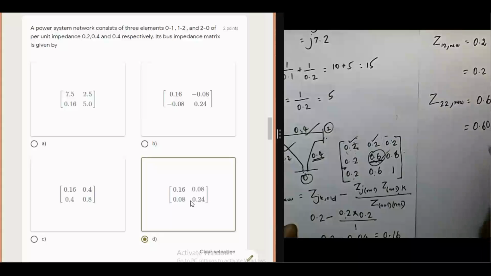Subtracting, 0.6 minus 0.36 is equal to 0.24. Here it is confirmed that D is the correct answer.